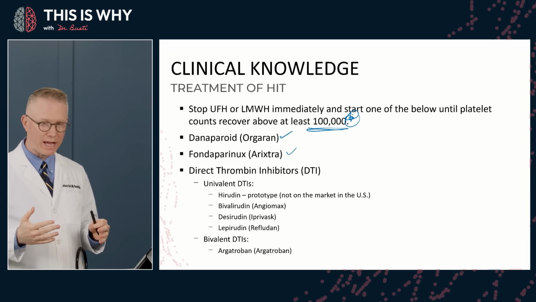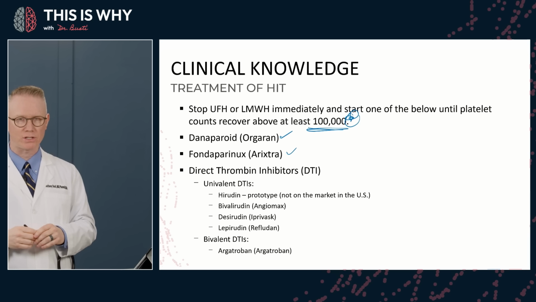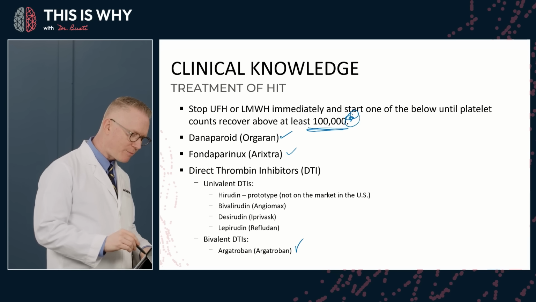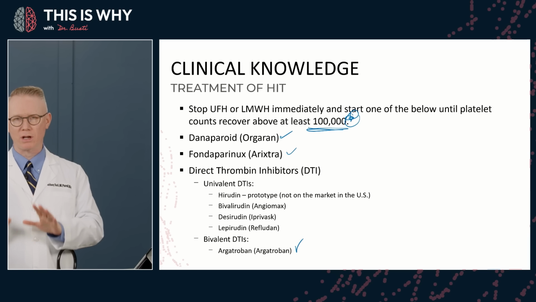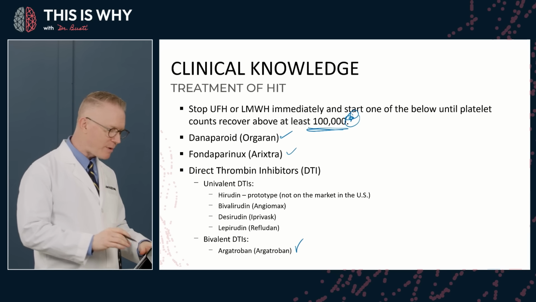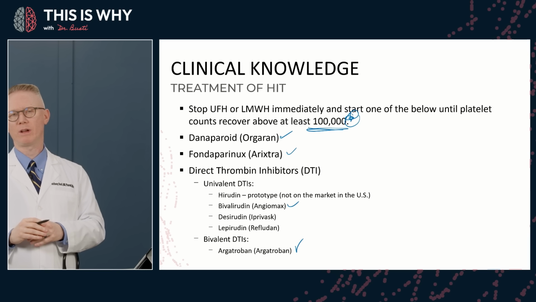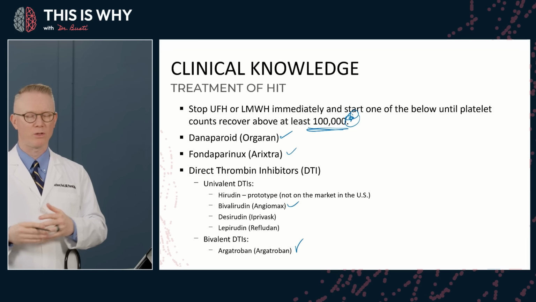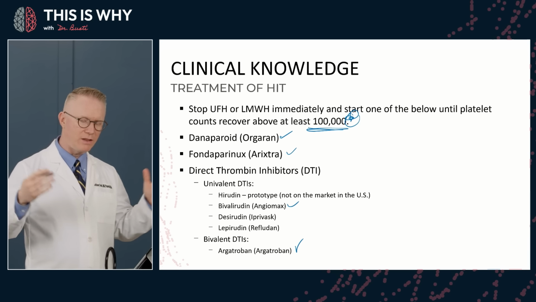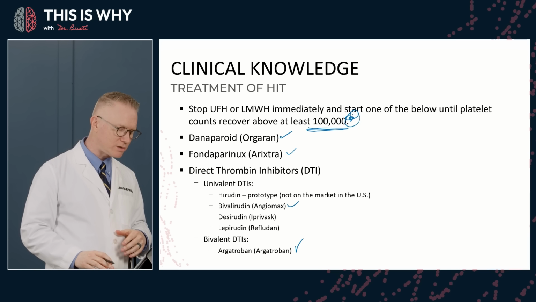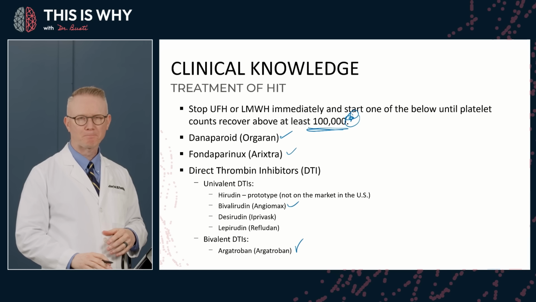In the acute phase, we're going to use some of the parenteral agents in particular, okay? Argatroban probably being the most common outside of bivalirudin, okay? Those are the two most common direct thrombin inhibitors that are used. The other ones are either off the market or not available in quantities sufficient and stuff like that, okay?